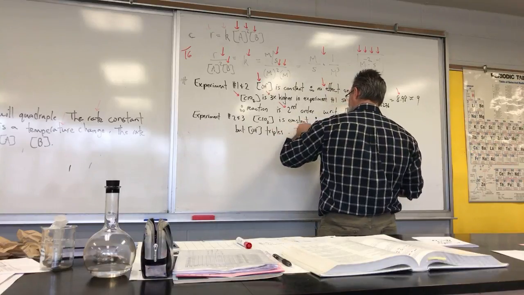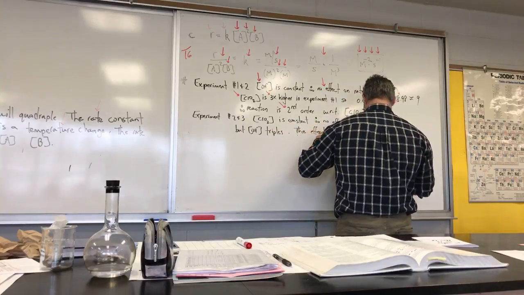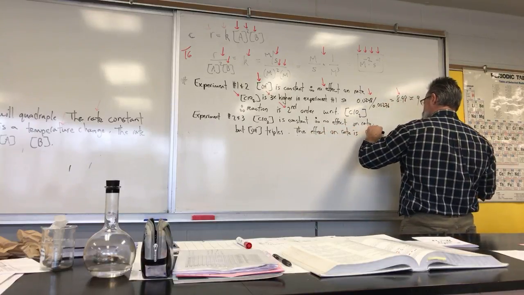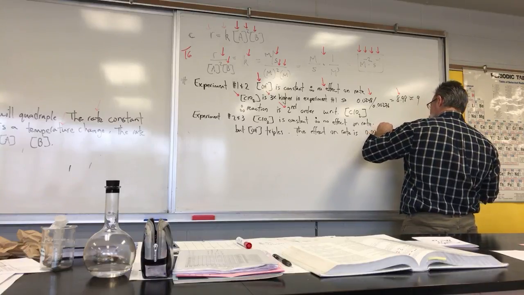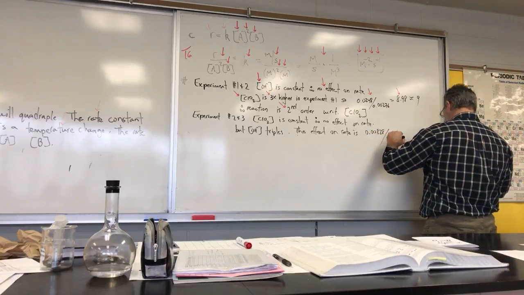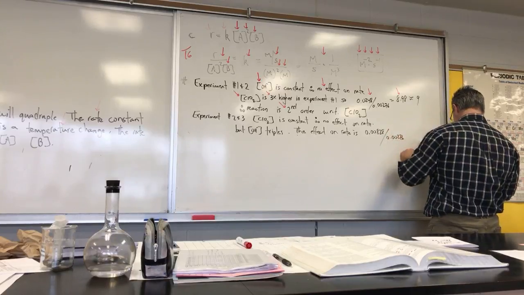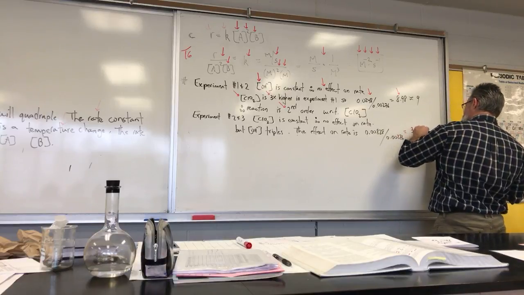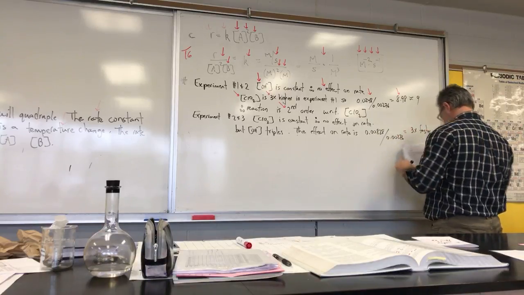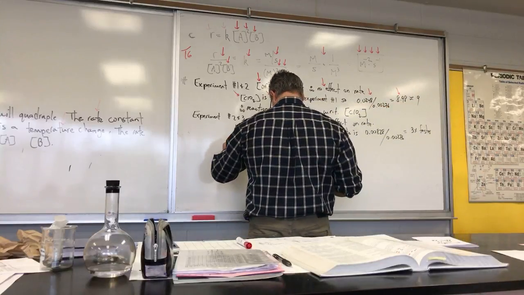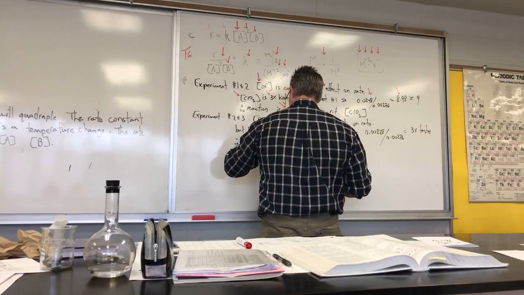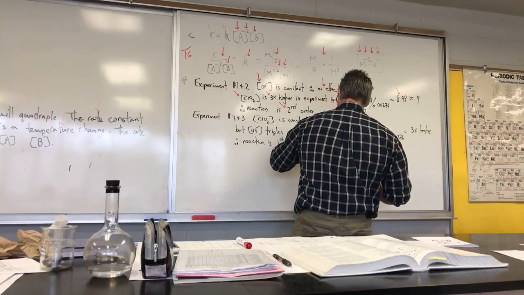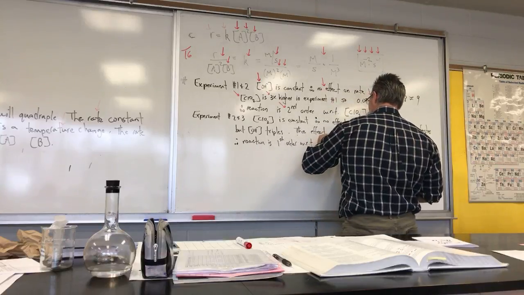The effect on the rate is 0.00828 over 0.00276, which is 3 times faster for the higher concentration. Therefore, the reaction is first order with respect to hydroxide ion concentration.